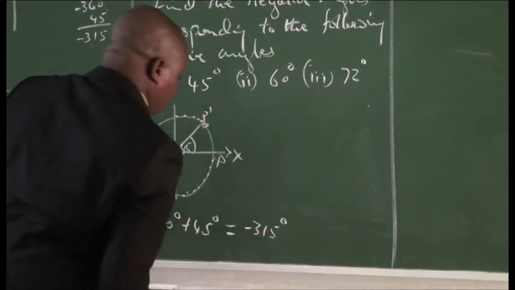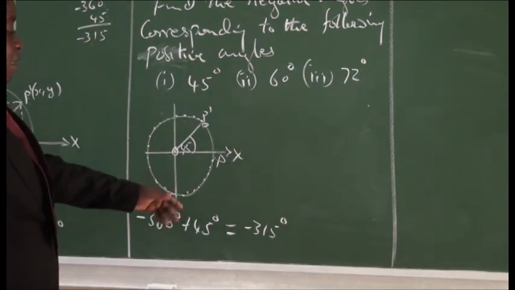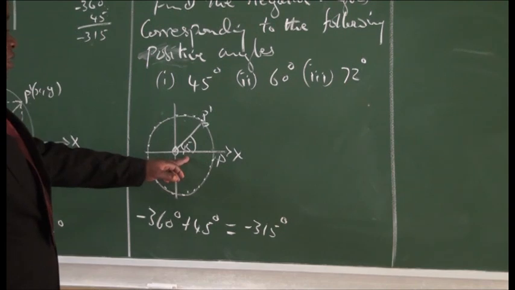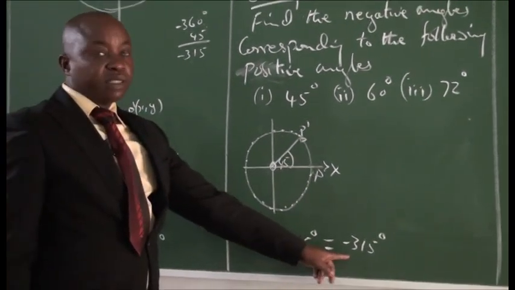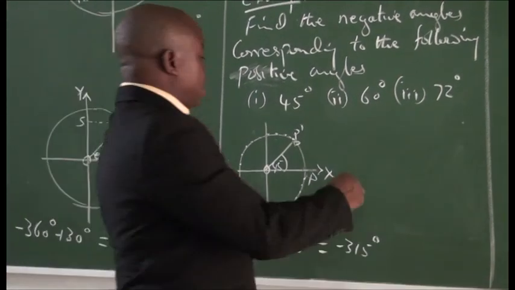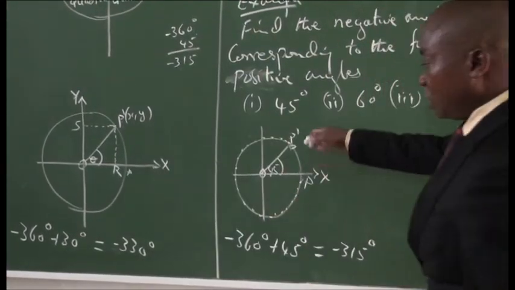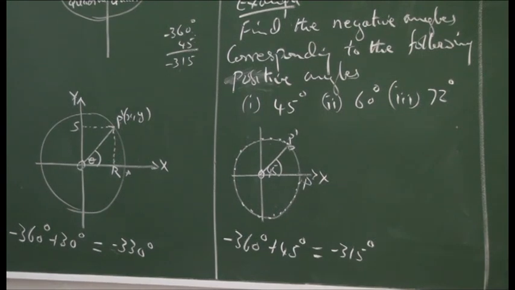What it means is that 45 degrees in the positive direction is equivalent to minus 315 degrees in the negative direction, that is the clockwise direction.